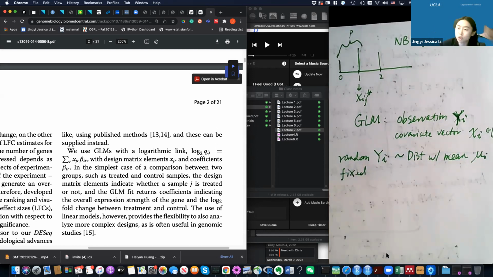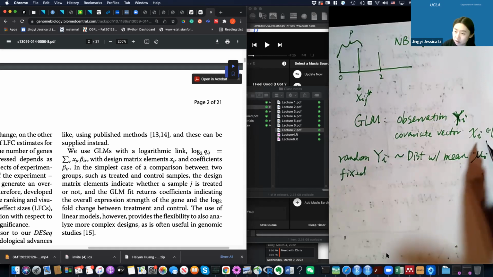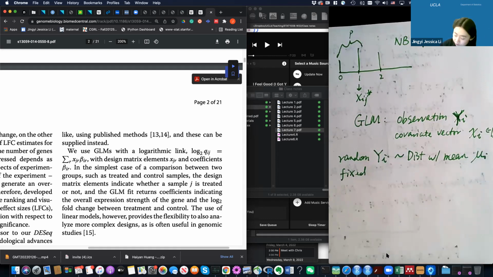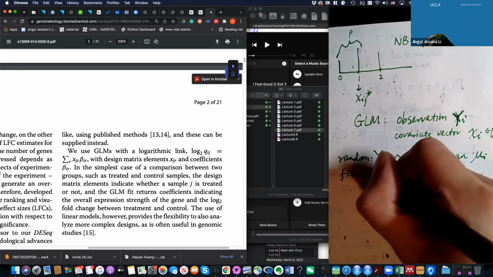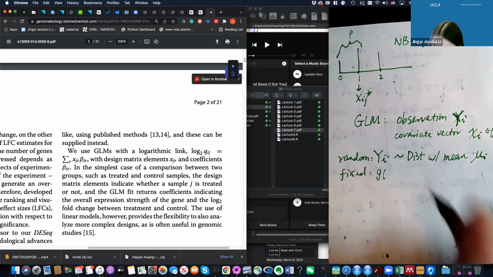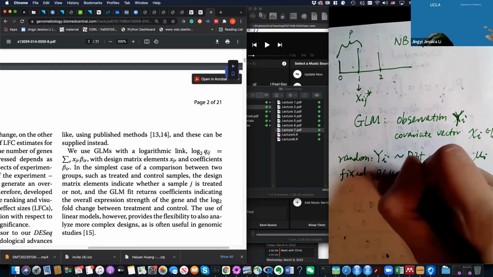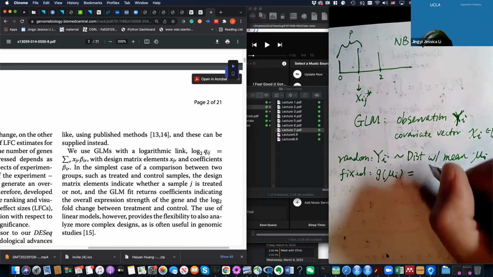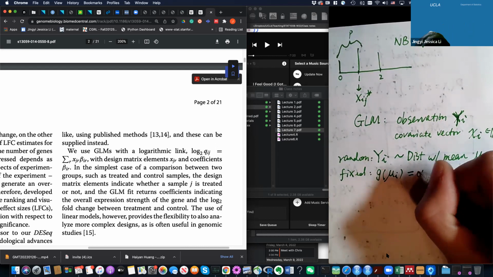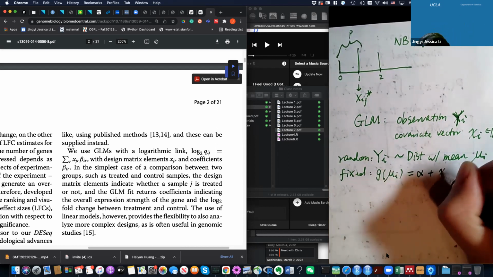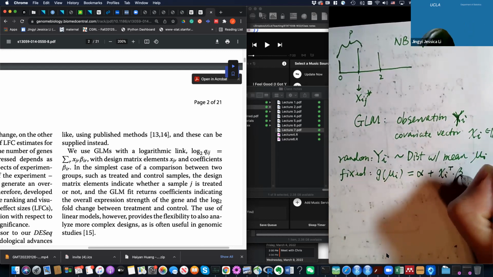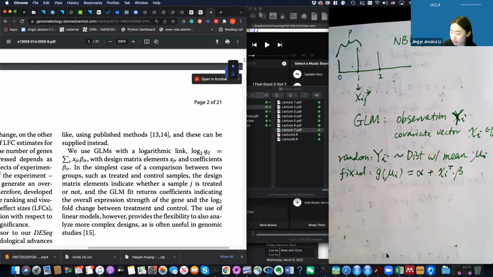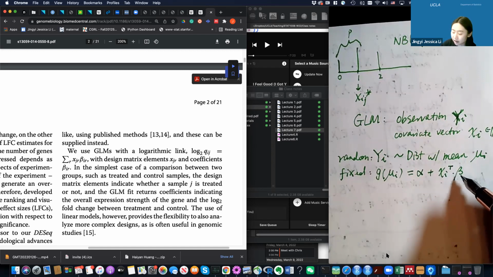The fixed part is trying to link the mean, which is deterministic, fixed, to the covariate vector, which we also assume to be fixed. Therefore, the fixed part is usually in the form that you apply some function g to the mean mu i, and assume that this transformed mu i is a linear function of the covariate vector. So usually we write this as the intercept alpha plus the covariate vector xi transpose times a beta vector, p-dimensional. So this is the inner product between the covariate vector and the coefficient vector.